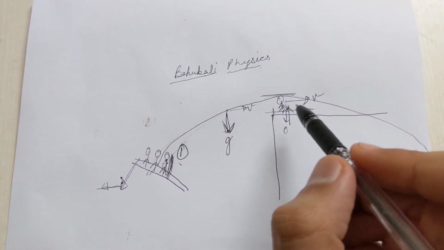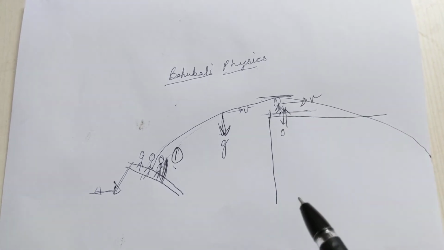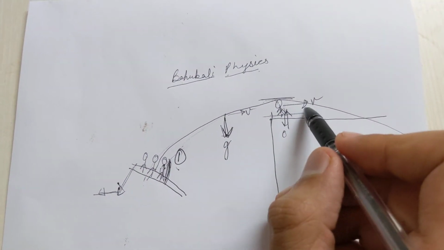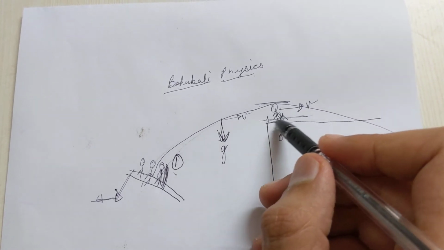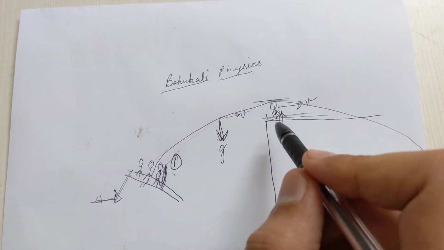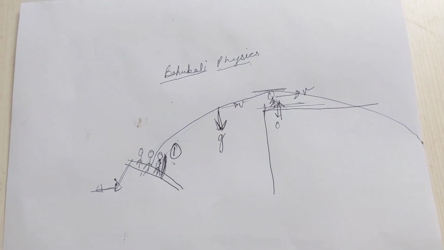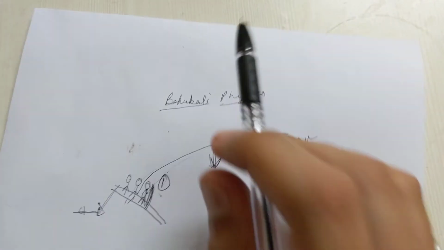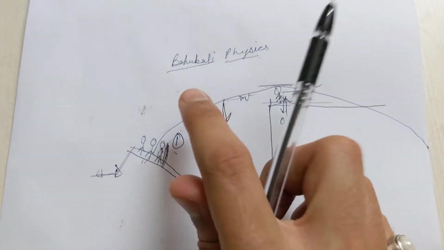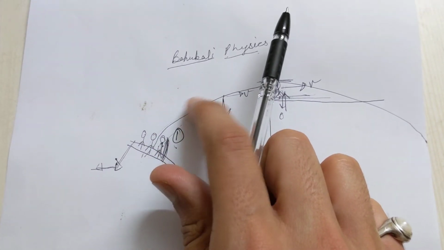However, as they are moving in this direction with velocity v, the ground is stationary, and here the force of friction comes into play. What is force of friction? So let's say I am here and I am trying to move like this.